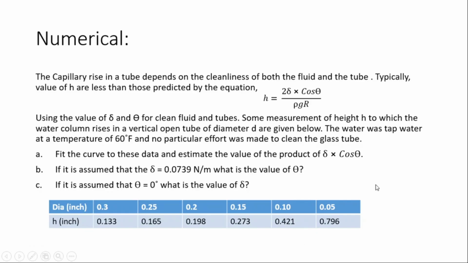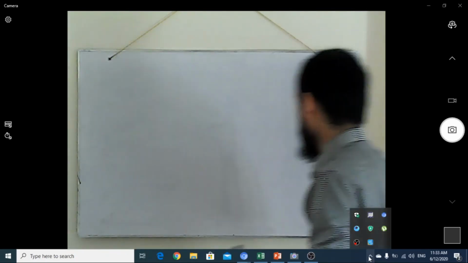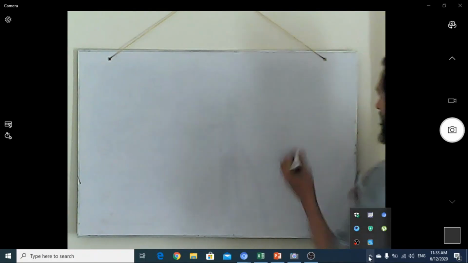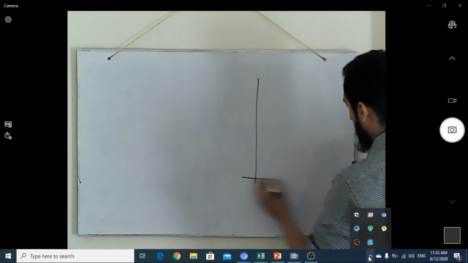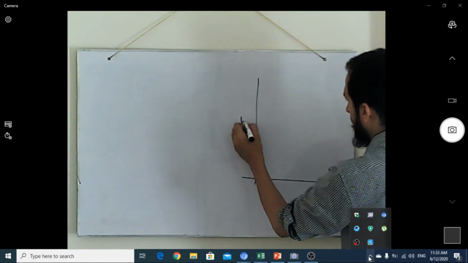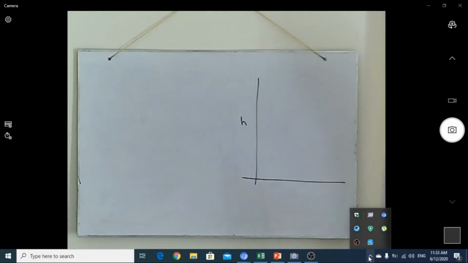So firstly, what we have to do is we can plot these values, and we can see what happened, which type of trends we are getting. Okay, when I have plotted these values, how can I plot them?